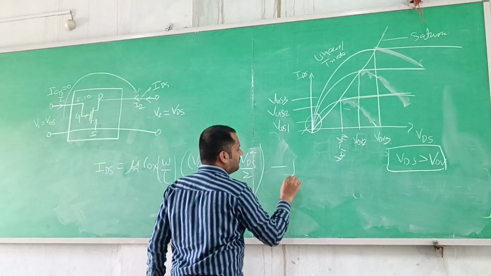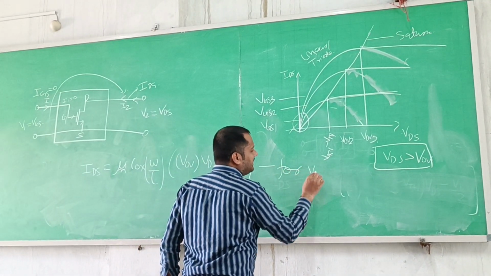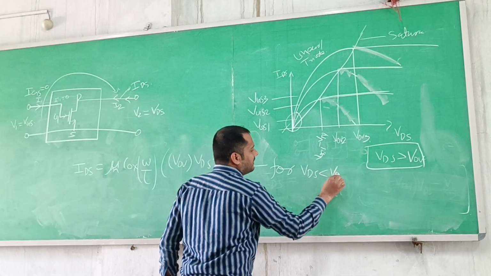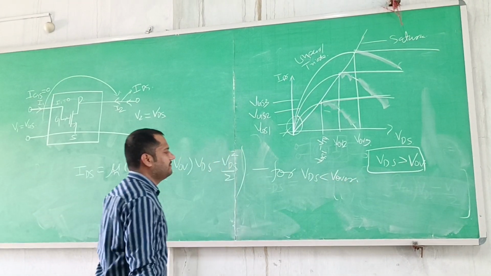This is valid for VDS less than V overdrive.